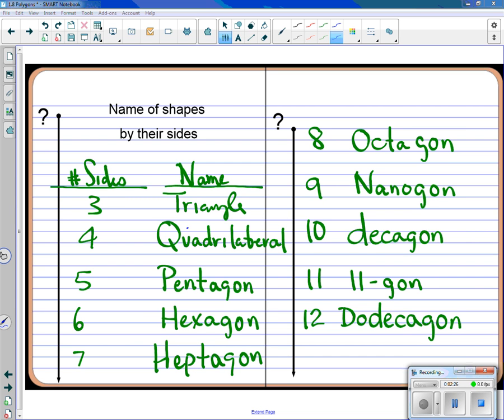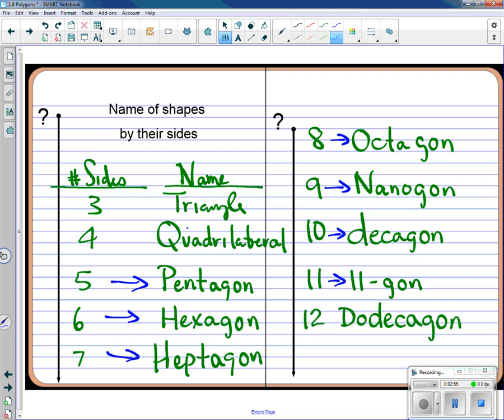Most of them you've heard before. Us living in the DC area, this one's kind of easy. We got the pentagon, which is a five-sided figure. Heptagon and hexagon, those are the two. I flip those by accident all the time in my brain. So you come up with whatever method you need to do to remember which one is which. Octagon is like an octopus. Nonagon sounds like nine, a couple letters difference. Decade, a decagon for 10 years, 10 sides.